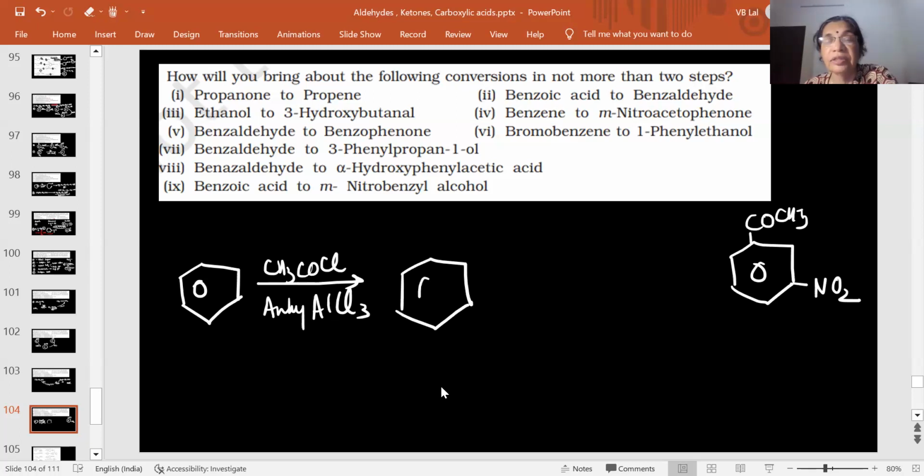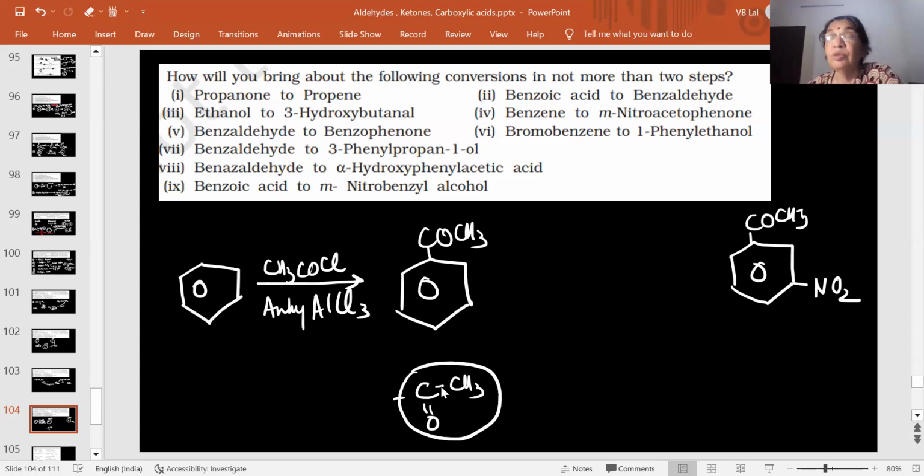So first, what will I get? I will get acetophenone, COCH3. I told you if my functional group contains a double bond, does COCH3 contain a double bond? It is C double bond O, CH3. So this is the functional group. It contains a double bond, that means it is meta-directing.